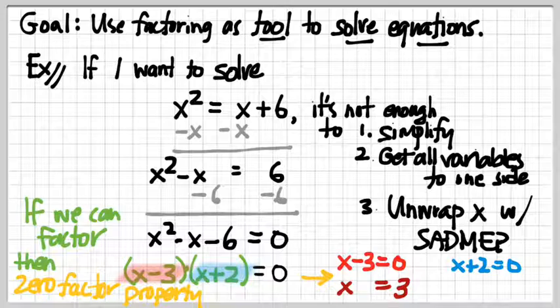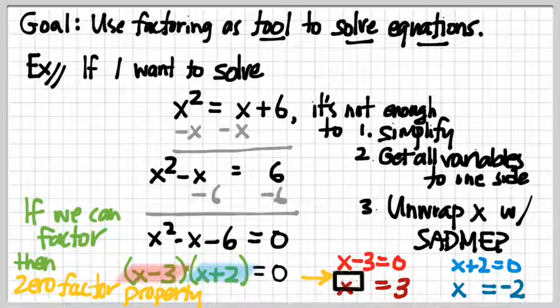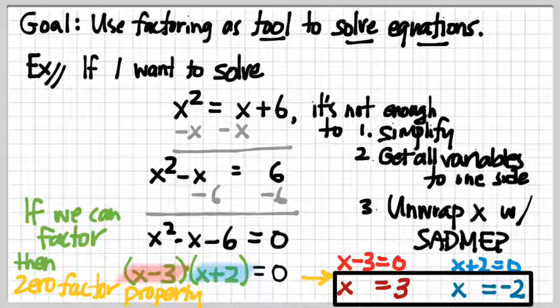Likewise, if x plus 2 is equal to 0, how do I get that x by itself? From here, I would need to subtract 2, and if I do that from the right-hand side, I'll get x equals minus 2. And at that point, now we're all the way home. We have a solution for this equation.